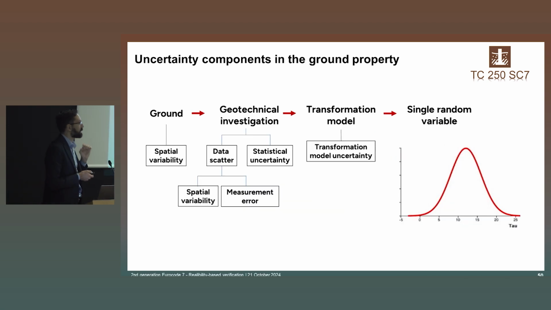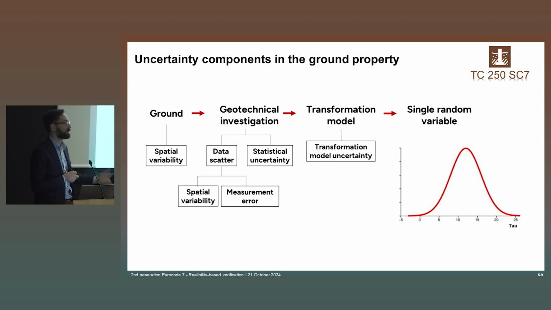What we didn't talk so much about this morning is the uncertainty components here. Julia and Trevor talked mostly about the statistical uncertainty, how many tests do you need to do. What I think is quite important to point out is that there are also other types of uncertainty that you might want to address, and with the reliability-based approach you can do it quite explicitly. For example, the measurement error: how precise is your measurement tool?